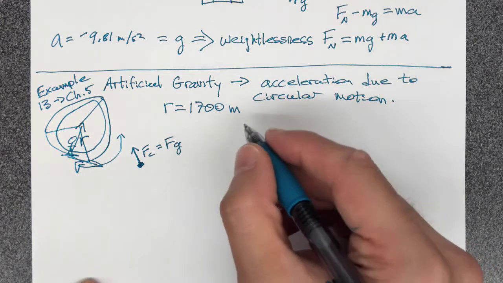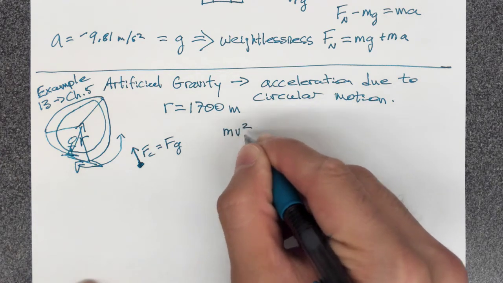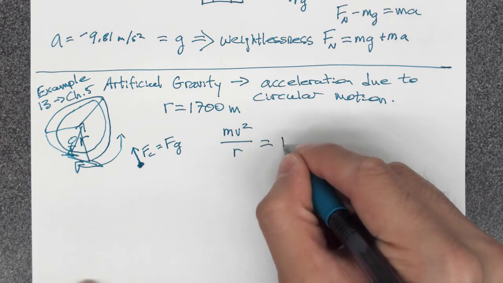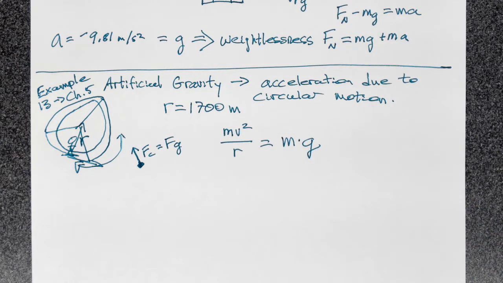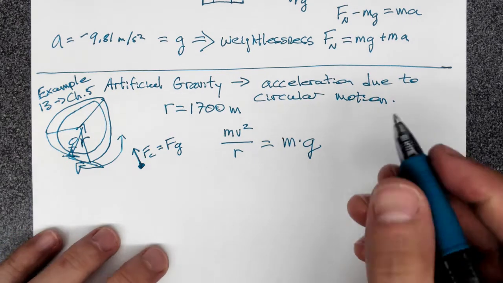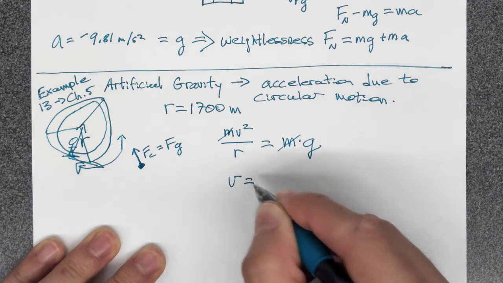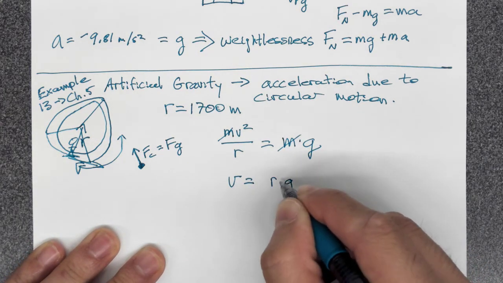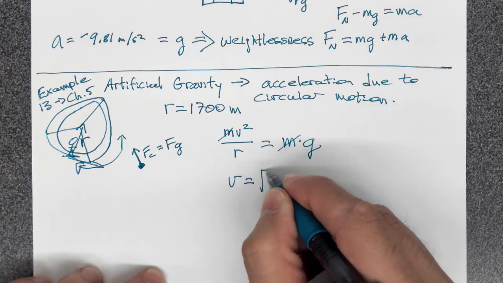And so if that's the case, our centripetal force is given to be mv squared over r. Our force of gravity is equal to m times g. And if we solve for v, we can cancel out the m's. We get v is equal to the square root of rg. Really interesting.